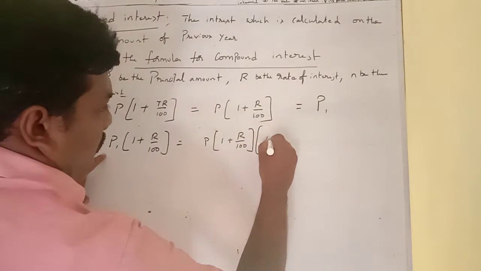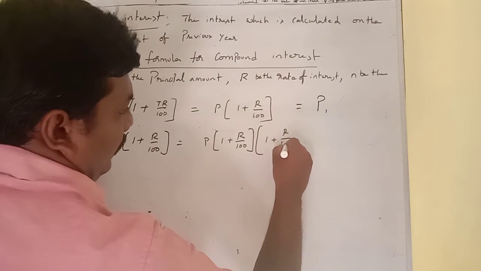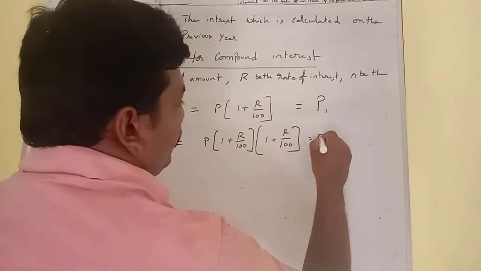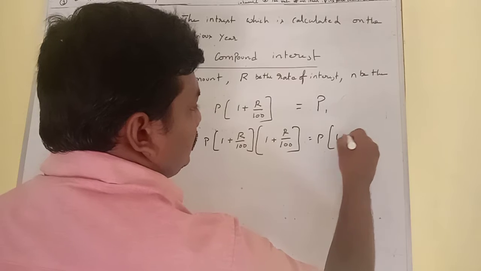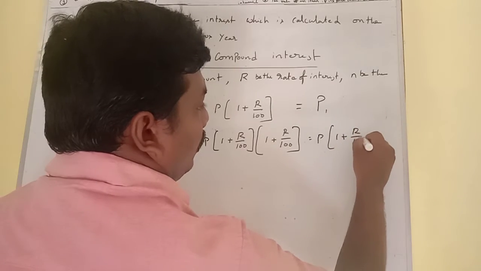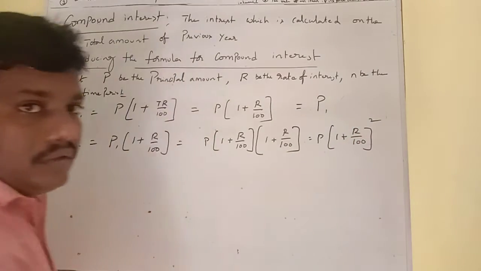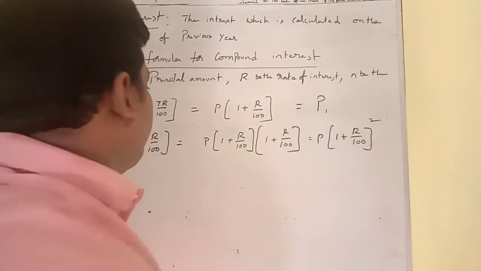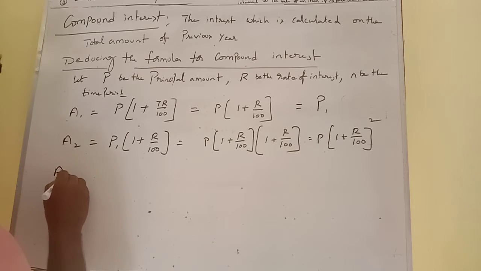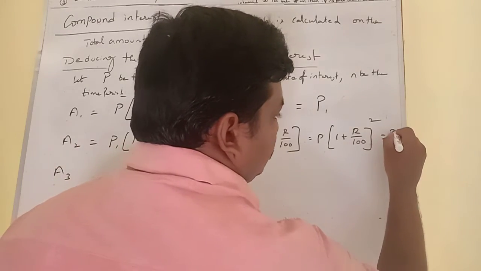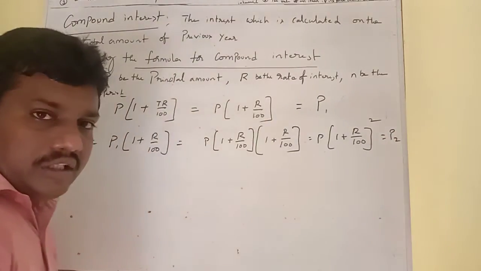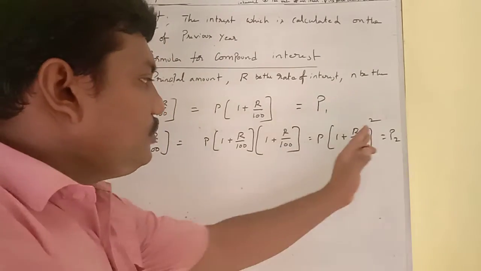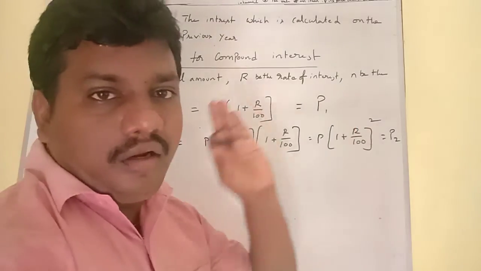So in the second year it becomes P into 1 plus R by 100 whole square. This value we consider as P2, the principal amount in the second year.